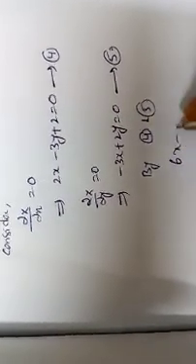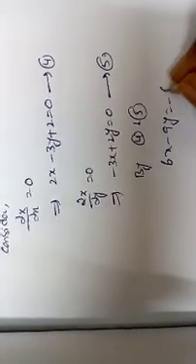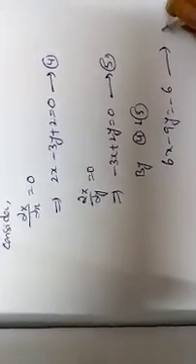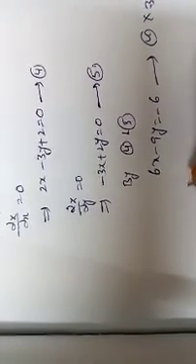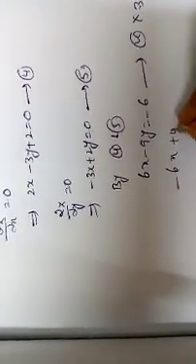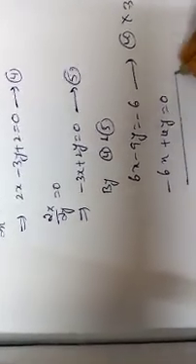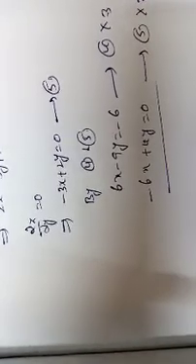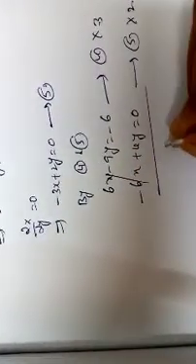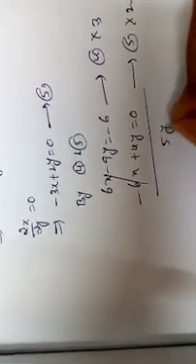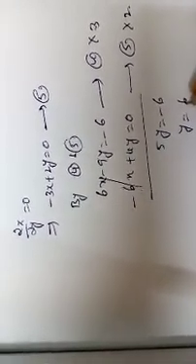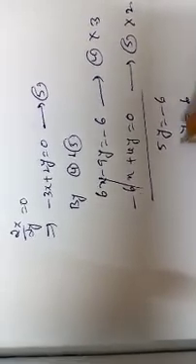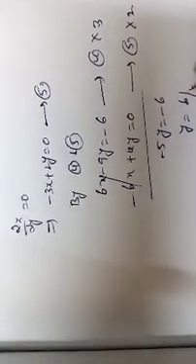Multiplying the first equation by 3 gives 6x minus 9y equal to minus 6. Multiplying the next equation by 2 gives minus 6x plus 4y equal to 0. Here 6x cancels, so minus 5y equal to minus 6, and y equal to 6 by 5.